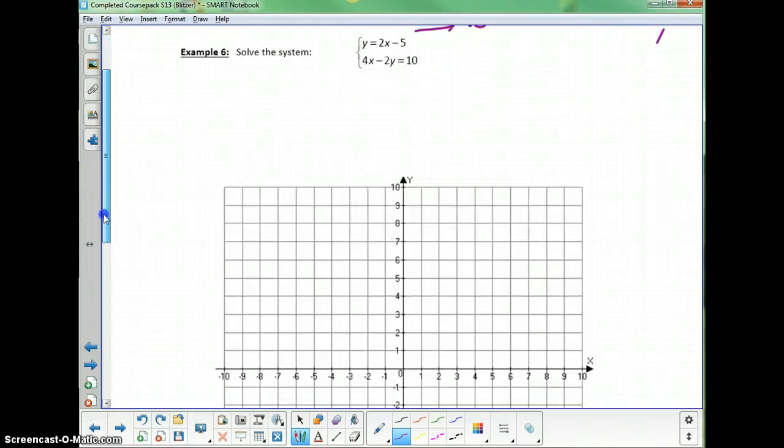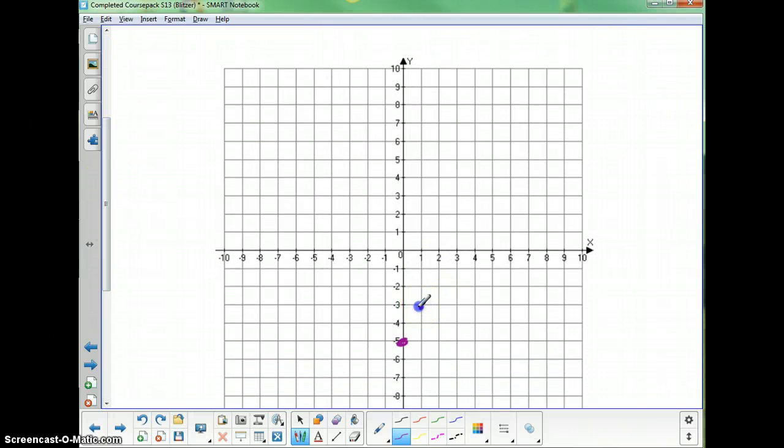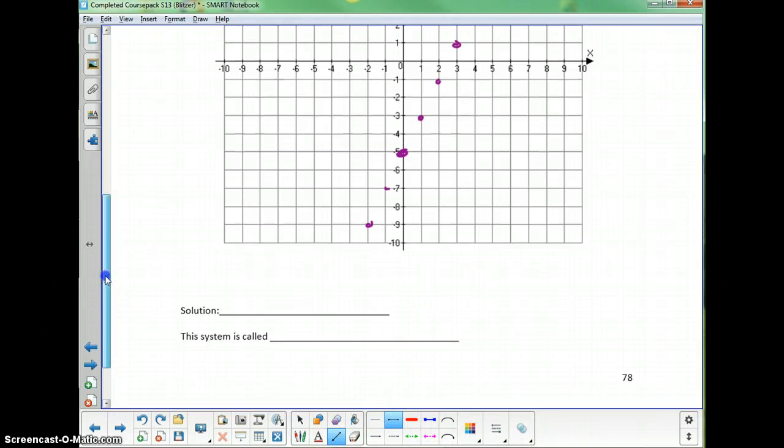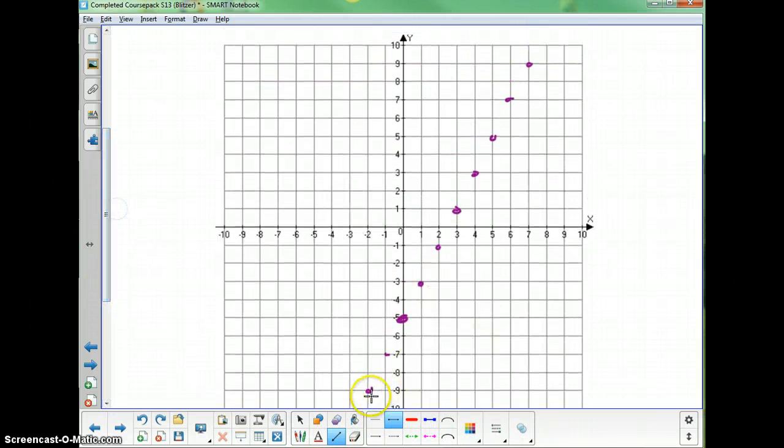So I'm going to go up 2 and over 1 from this point. Up 2 and over 1, and so on. I'm going to be able to connect these into a nice line. Or down 2 and back 1 for the two negatives. Okay, let's draw these. Okay, there's a quick sketch.